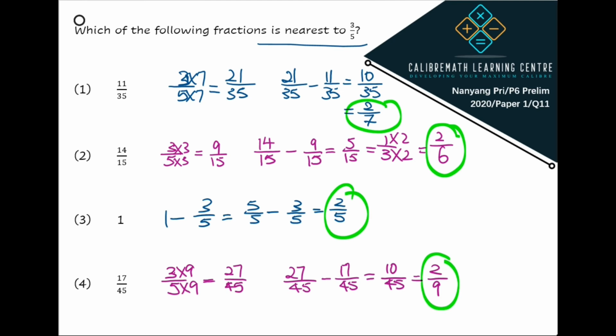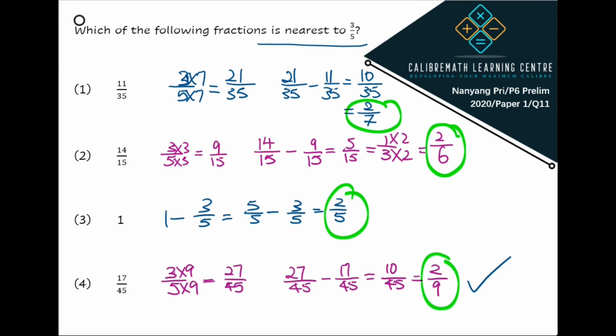Since we are comparing the denominators because their numerators are the same, you will need to understand that the bigger the denominator is, the smaller the fraction is. If you look at these 4 fractions over here, you will see that the one with the biggest denominator is 2 out of 9. That will mean that 2 out of 9 is the smallest fraction among the 4 of them.